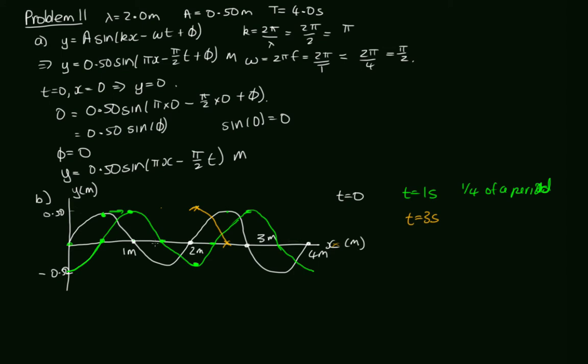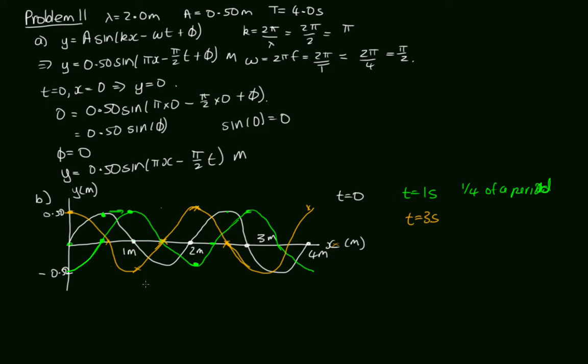This point here has moved on to here, and we'll start up here. And so our wave is going to look like this, and we'll end up back up there. So we've gone down and up, down and up, 2 periods again.